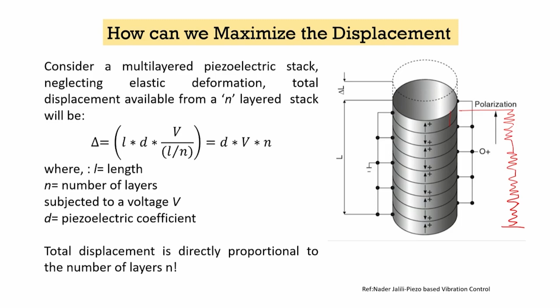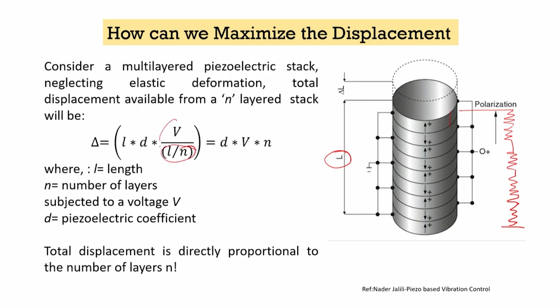Now, under this kind of a system, what is the complete deflection that you are going to get? Of course, you are applying the same voltage V to each one of these discs when you connect the entire system together, and the total length is L. If there are n such discs, the thickness is L by n.